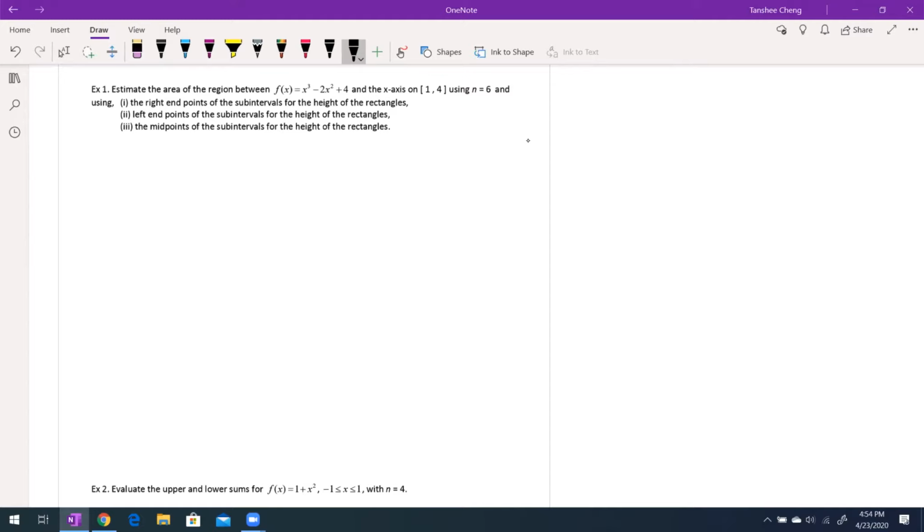So we want to break it down into 6 subintervals. Here's the first part. We want to use the right endpoint approximations, and we want to use left endpoint approximations, and we want to find out also the midpoint approximations. So 3 different approximations that we want.